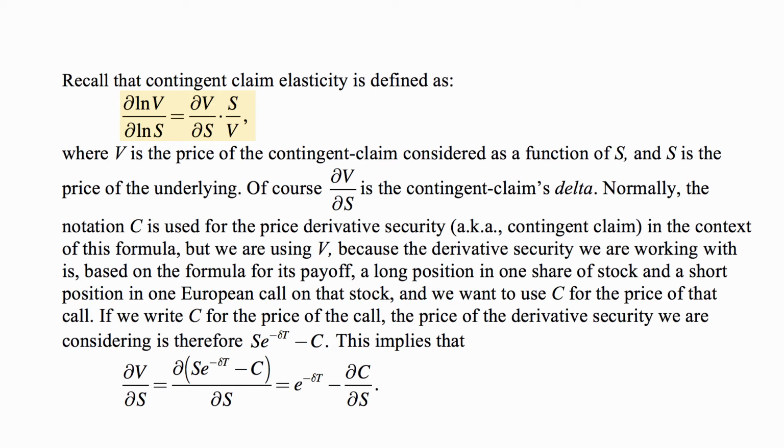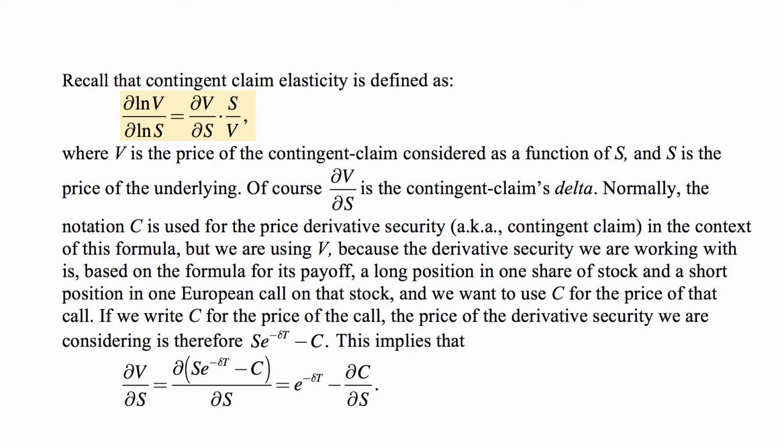Notice that I'm using notation V for the derivative security or contingent claim that we're working with. I'm doing this because we observed that this derivative security can be expressed in terms of a stock and a call, so I'm going to use C for the call and V for this guy.